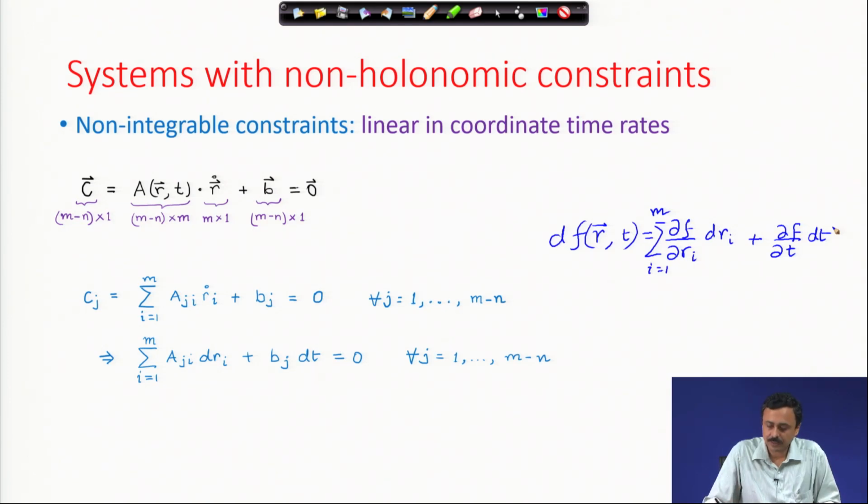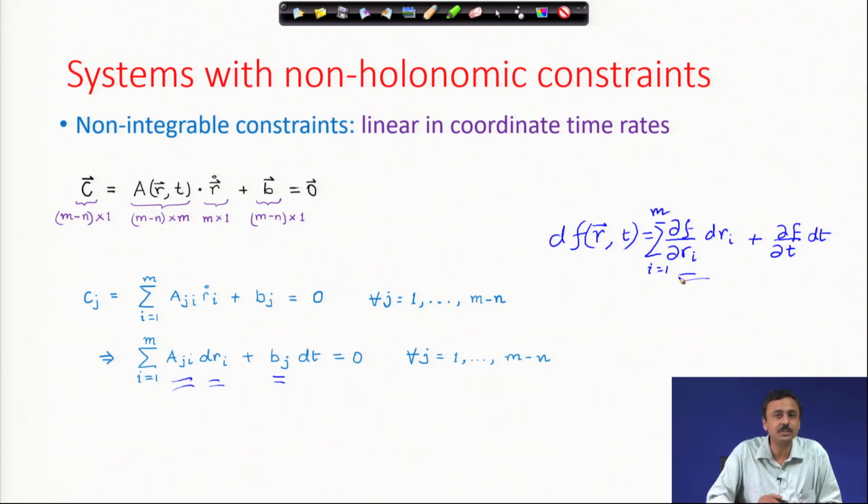Imagine that somehow, I mean this is just stretching your imagination a little bit, that these are actually these terms, and this d r i is sitting like this, and you have partial f partial t as this b j, f can be a vector function of course, and then you will have this b j times d t, though this A j i cannot be written as partial derivatives.